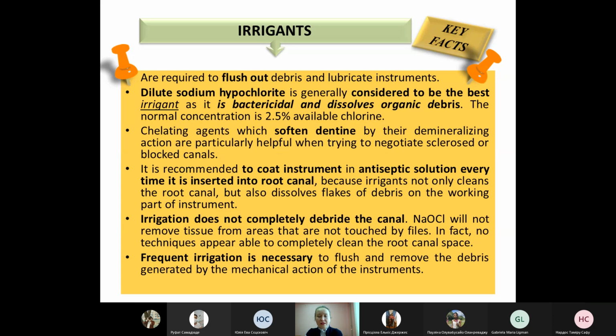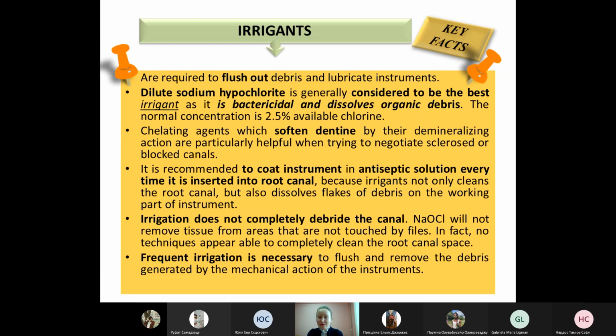Irrigation does not completely debride the canal. Sodium hypochlorite will not remove tissue from areas that are not touched by files. It's important to stress: in fact, no technique appears able to completely clean the root canal space, and even after irrigation with antiseptics, some amount of microorganisms is still left inside the root canal.